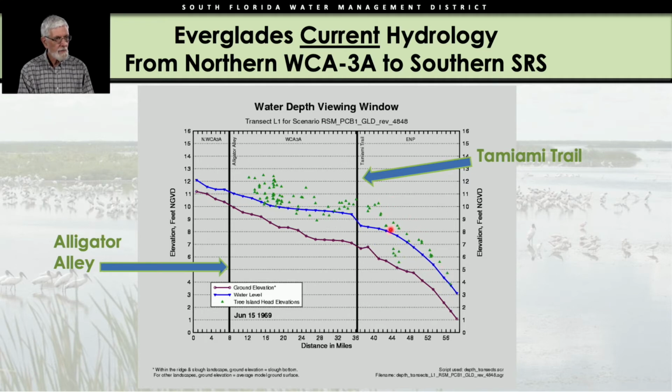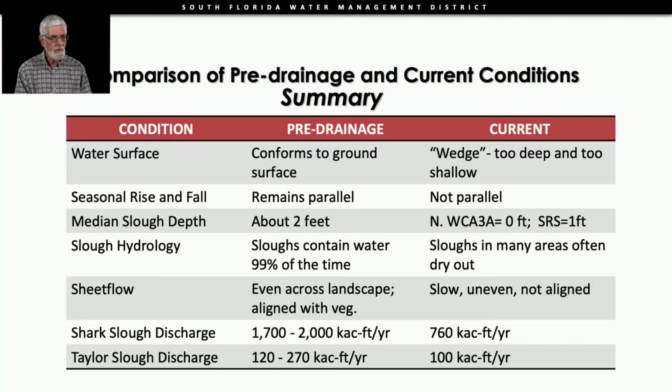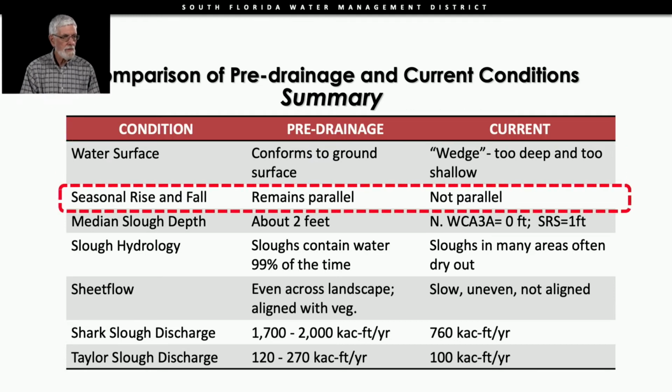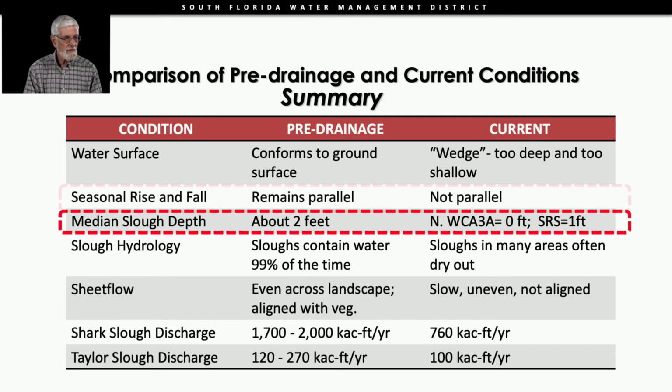And so we have a significant alteration in the hydrology, and all of that can be summarized in this next slide. When we compare pre-drainage to current in terms of water depths, we see that the wedge effect in the current system creates water too deep in the south and too shallow in the north. We see that the seasonal rise and fall of water levels do not remain parallel in the current system. We know that the slough depth is significantly lower everywhere as a function of the infrastructure that we've built.